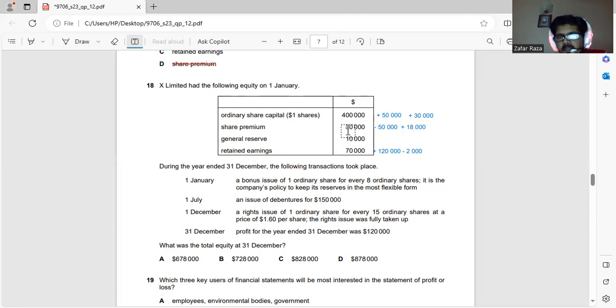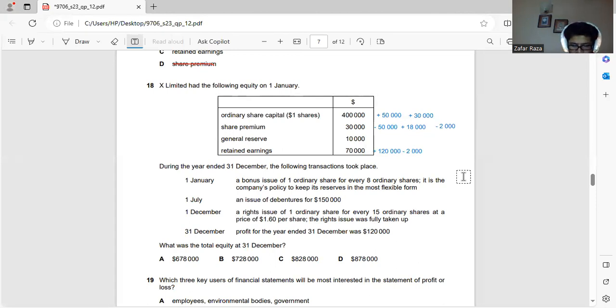Because share premium is 30,000 plus 18,000, 48, minus 50, means we are short of 2,000. That minus 2,000 is going to be settled through retained earnings. So now we have to calculate total shareholders' equity.